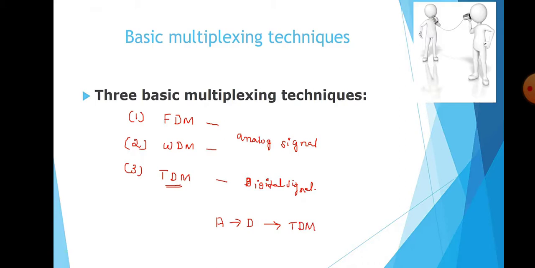Even in the case of FDM and WDM, suppose we have the input as digital, but we have to make use of either frequency division multiplexing or wavelength division multiplexing. In such instance, we have to convert the digital signal into an analog signal. Then only we can use WDM and FDM multiplexing techniques.